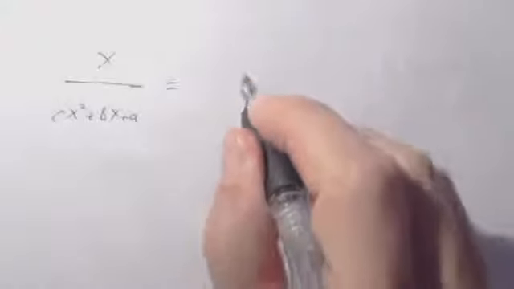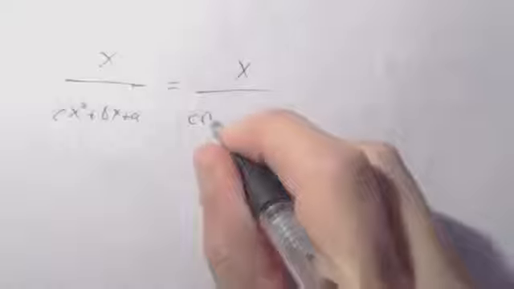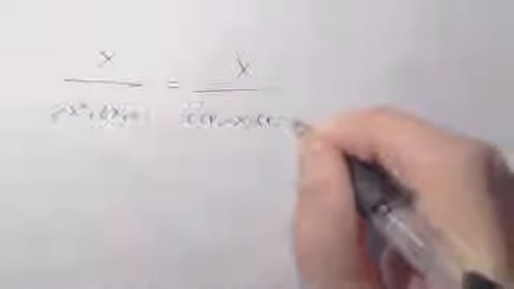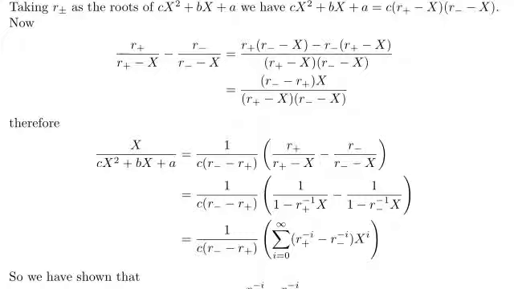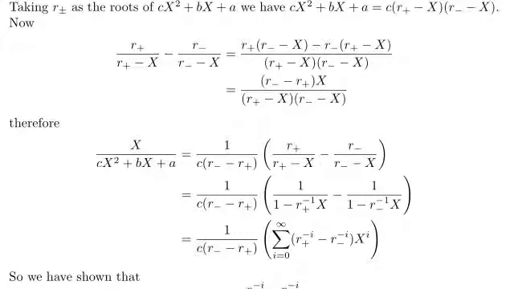So let's call the roots r plus and r minus, and it's going to be equal to x over c times r plus minus x, times r minus minus x. Now, we can expand this into partial sums. I'm not going to bore you through it all, because we've done this sort of thing already, and I don't want to spend too much time on this, so I've already computed it.